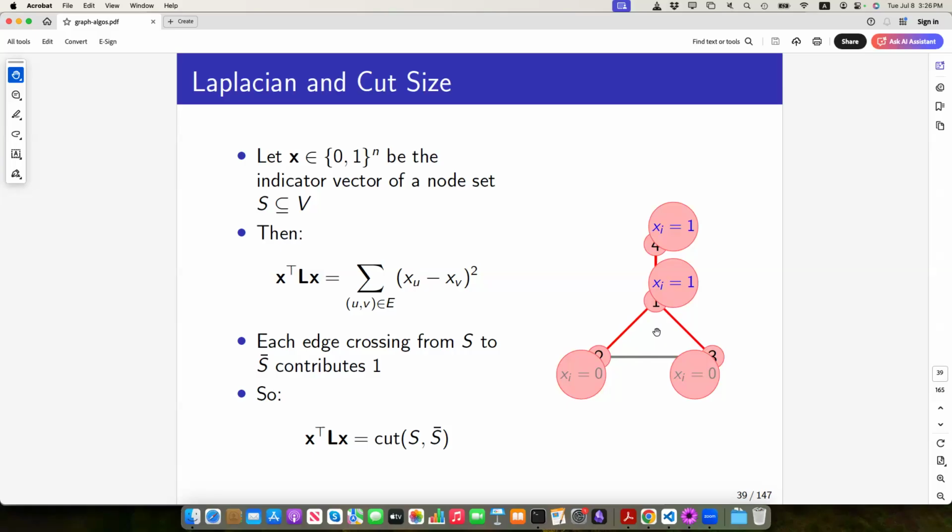So for example, if I set nodes 1 and 4 to be 1, and I think of these two nodes as one set, and those two as 0, then x transpose Lx is going to be equal to 2. Why? Because of these two edges. It's going to be equal to those two edges, because these will be the only ones contributing to this quadratic expression.